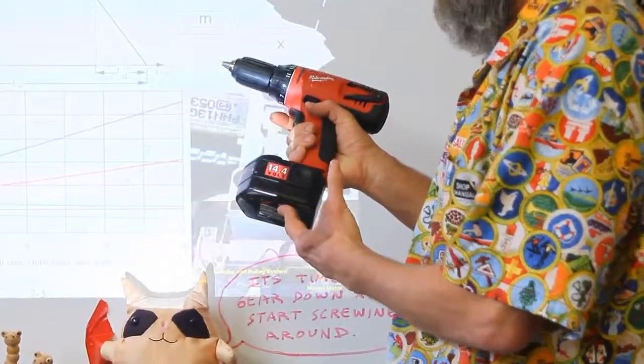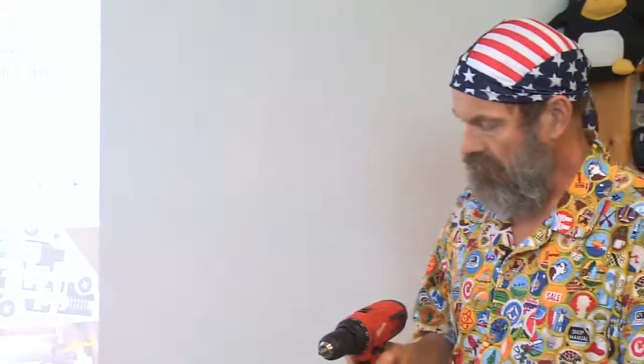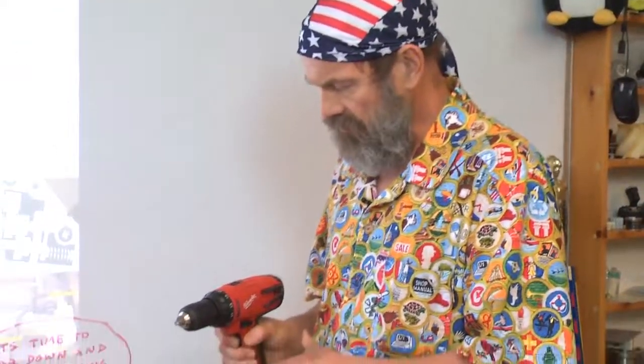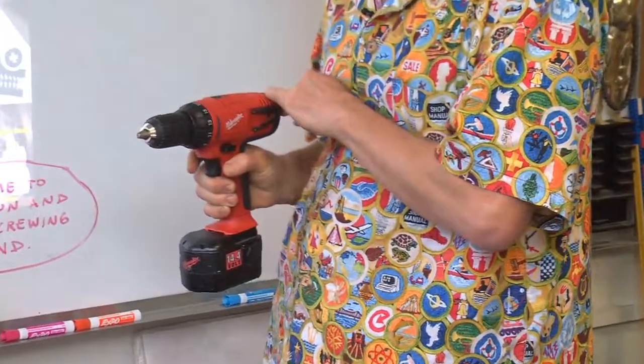here is a little cordless drill. The energy is stored in the battery. The control system: brain, finger, pull trigger. Listen. What happened?